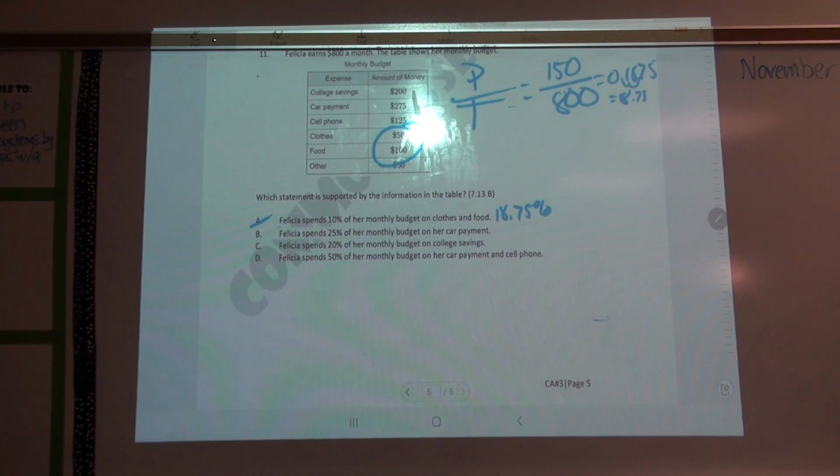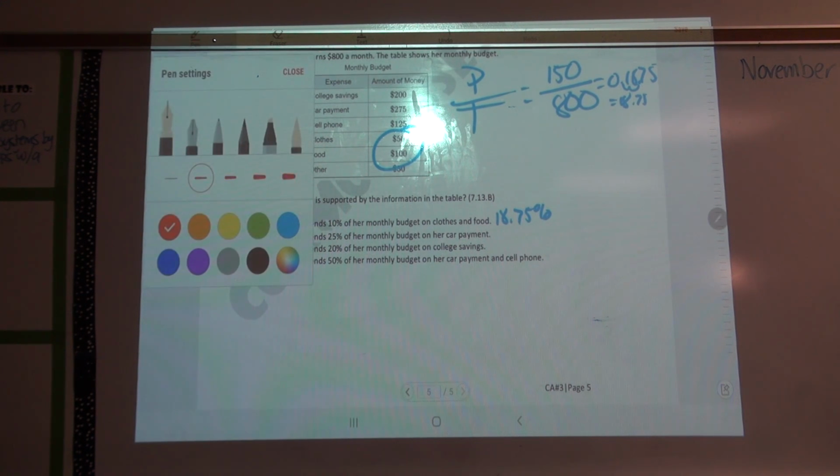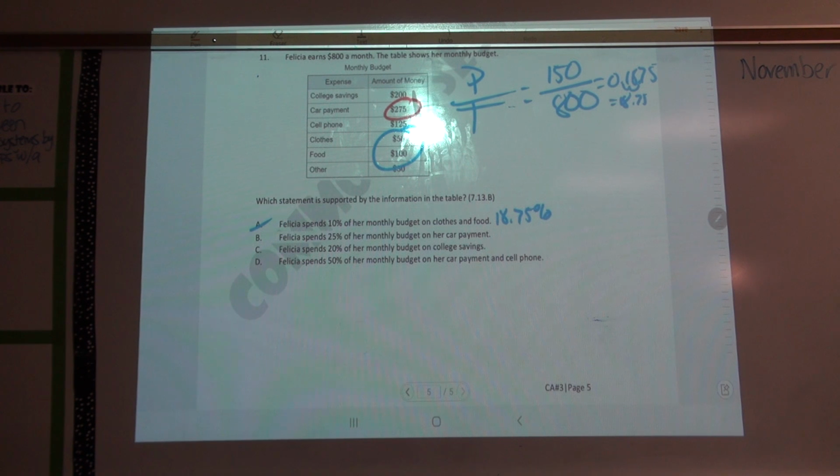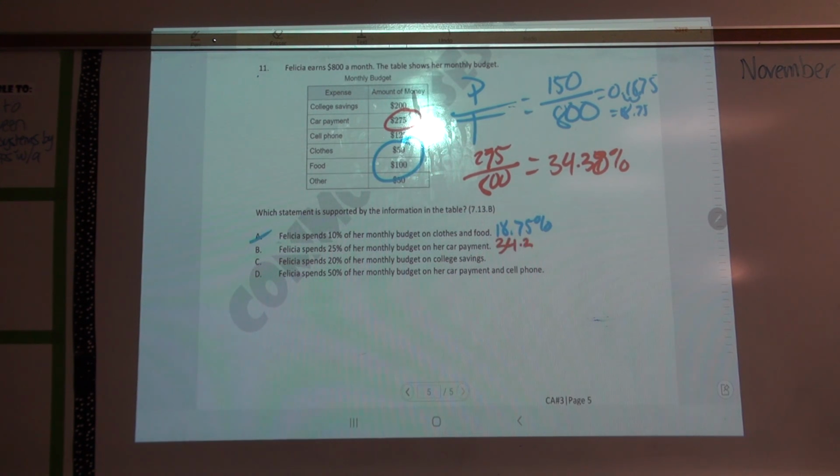The next one says 25% on car payment. Car payment is $275. So again, we're going to do the same thing. 275 divided by 800 gives you 0.3437, so 34.38%. Is that what it says right here? No, so it's not B either.